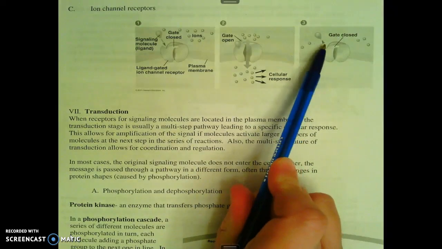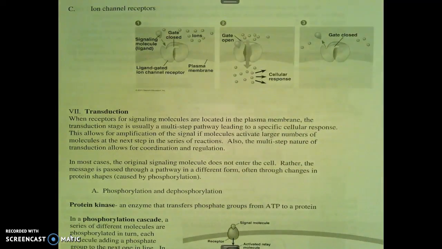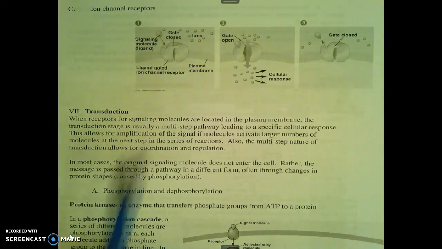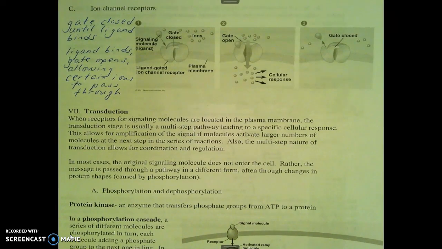Once that signaling molecule is released, the gate again closes. I'm going to jot some notes over here to remind us about this idea that ion channel receptors only open when the appropriate signaling molecule is present. In summary, if you see ions moving as a result of a signaling molecule, you're looking at ion channel receptors.